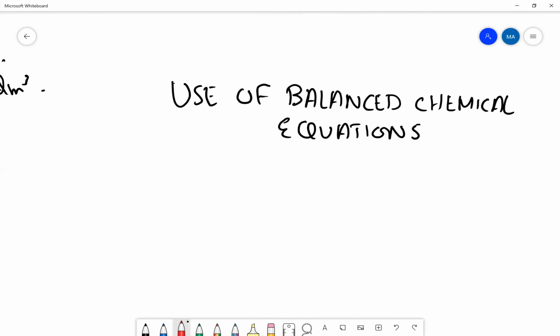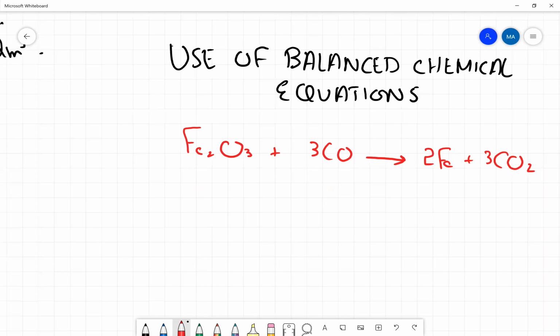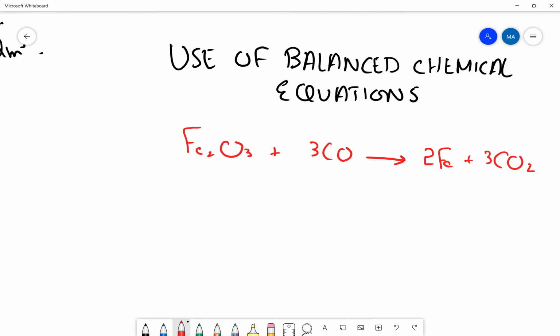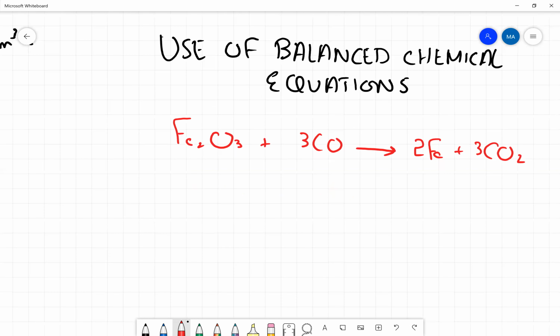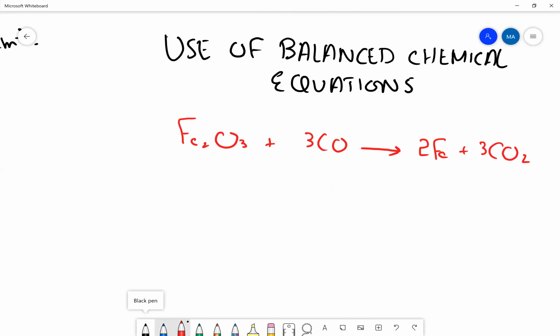For example, our chemical equation is Fe2O3 plus 3CO producing 2Fe plus 3CO2. Okay. Now this is the equation here. Remember the first step that I told you yesterday was to first of all identify the substances, then the coefficients, and then you were to apply the ratios, right?